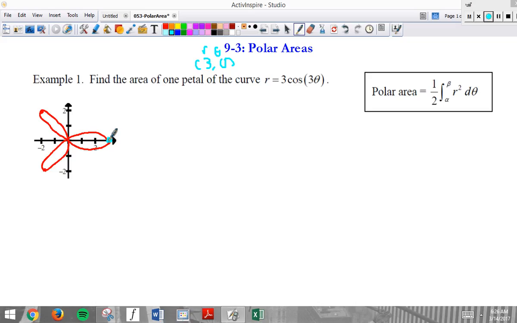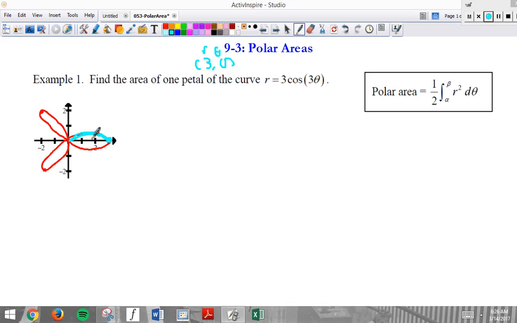So I'm starting here. And as theta increases, my radius is going to get positive, positive, positive until it gets to 0. So we're really going to trace out this top branch of the petal.